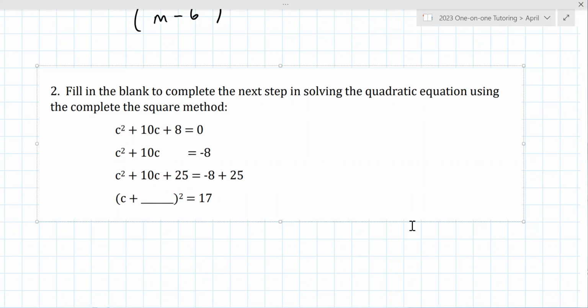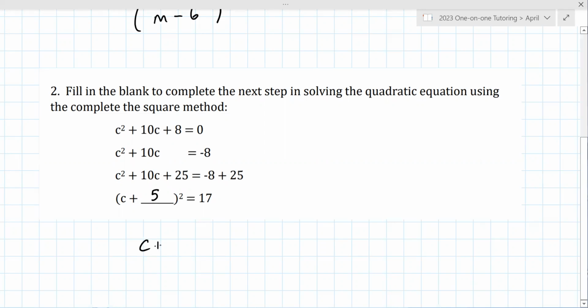This is very similar to the last one. C plus 5. Yeah, very good.